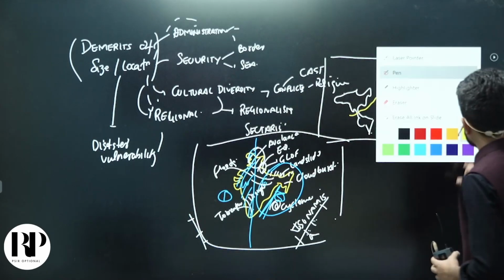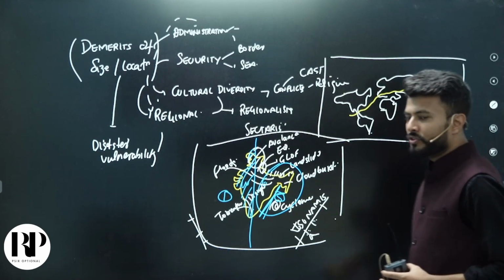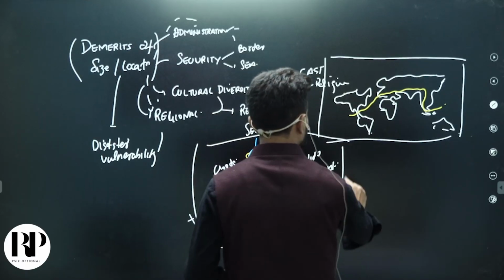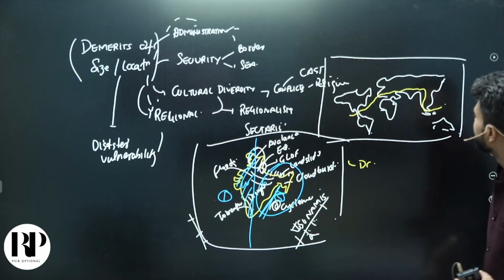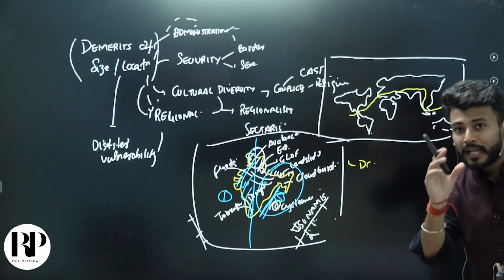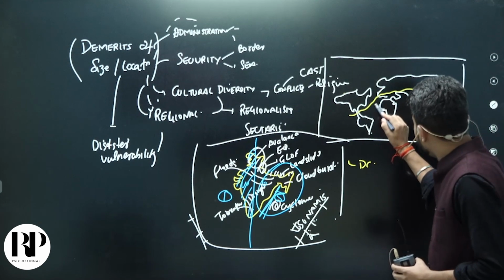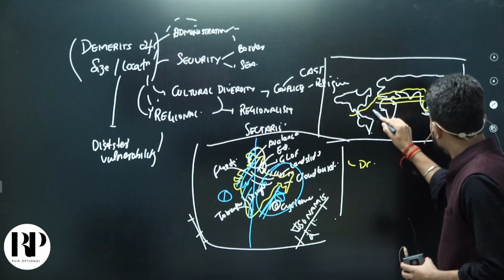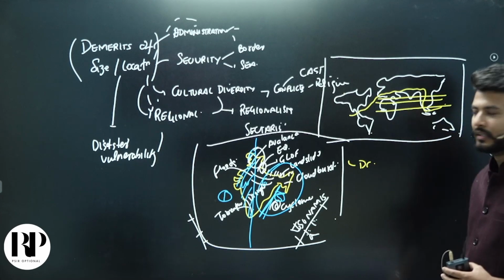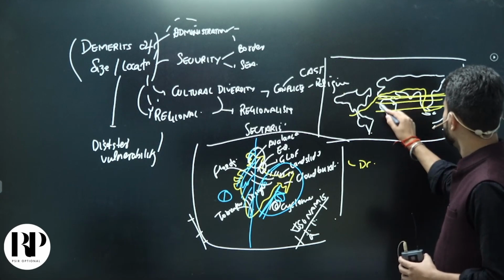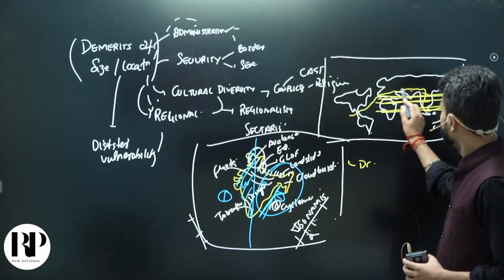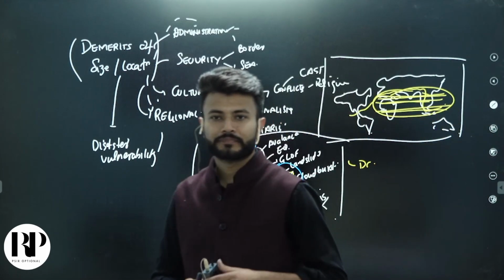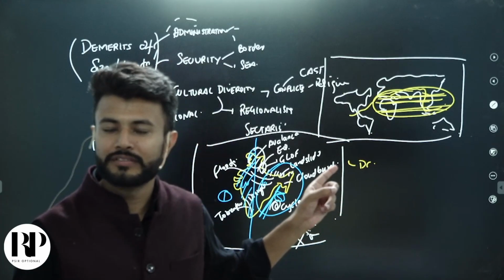And you will see that most of the countries which are developing, as well as the LDCs, that is, least developed countries, are basically lying in the tropical region. See this region. This is the Tropic of Cancer, the Equator, the Tropic of Capricorn. So this is the tropical region that most of the LDCs fall into.